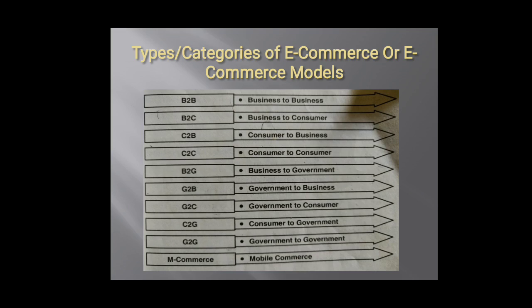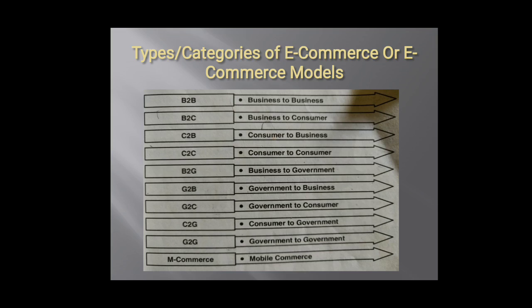The last one is m-commerce, that is mobile commerce. M-commerce is the buying and selling of goods and services through wireless technology. Nowadays we all have smartphones, which are the best example of wireless technology. And when we talk about wireless technology, content is delivered over wireless devices.